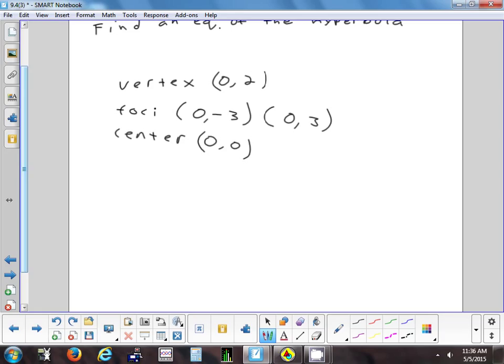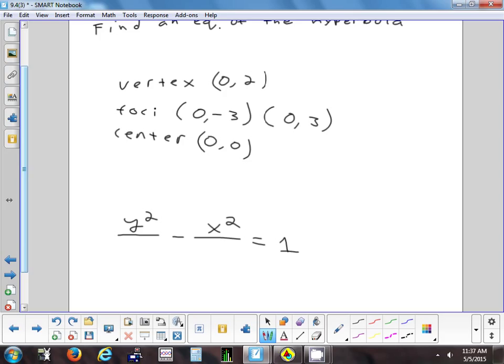So if it's vertical, what does that tell me? It's going to open up and down. Well, the branches, yeah. And it's going to be y squared over whatever, minus x squared over whatever. Yeah. So we know that's at least going to be the format because your foci are above and below the origin. Vertex is above, everything lines up vertical, so you want to start like that.